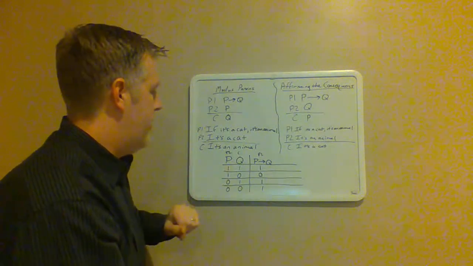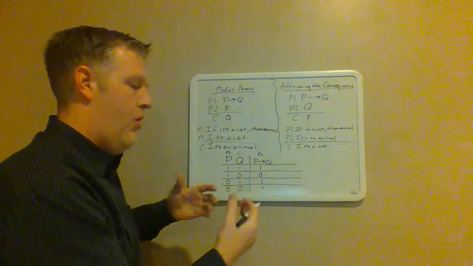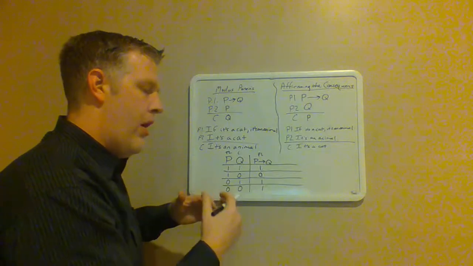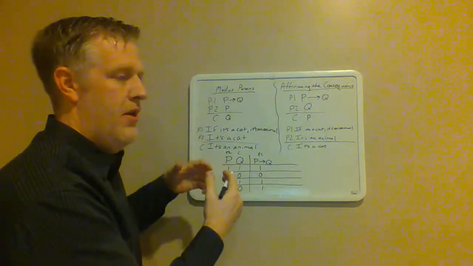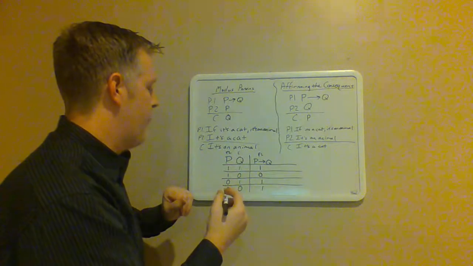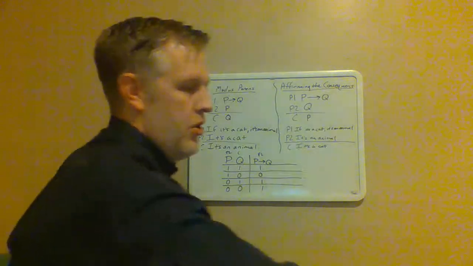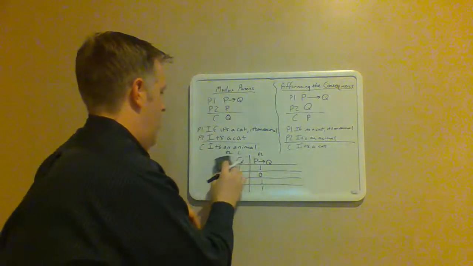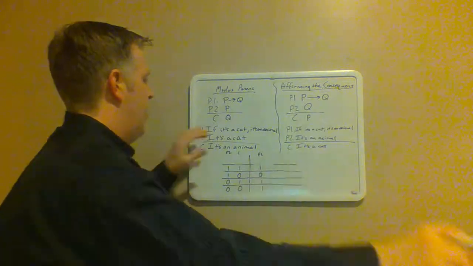So real quick, let's go ahead and see how that works, right? Some of your homework problems require you to use the truth table method to figure out whether or not an argument is valid or not. So let's go ahead and see how that works then. Actually, I should use C and A because that corresponds to cat and animal, and that was our example.